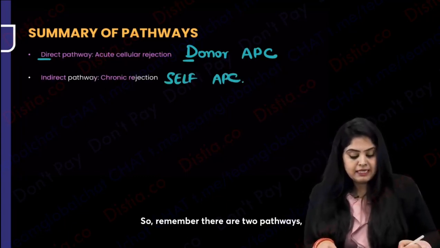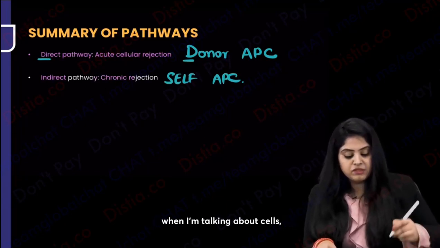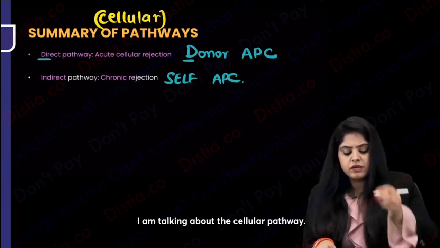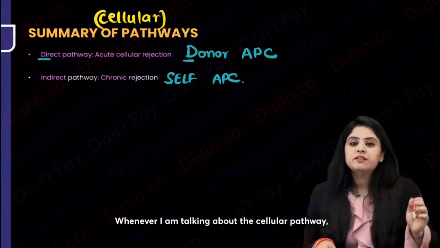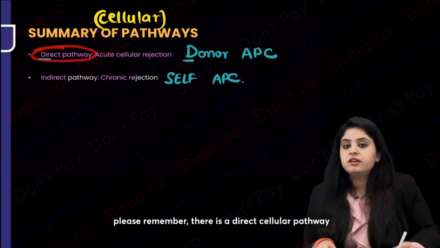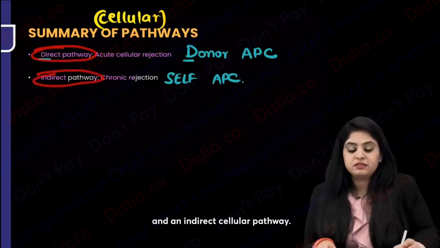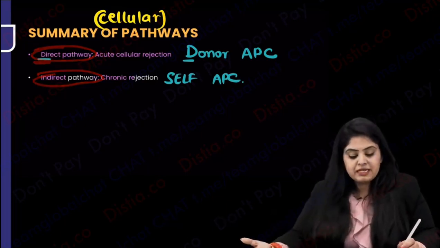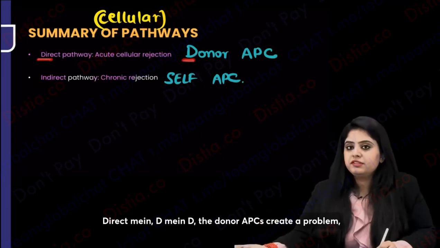So remember, there are two pathways. When I'm talking about cells, I'm not talking about the antibody wala pathway. I'm talking about the cellular pathway. Whenever I'm talking about the cellular pathway, please remember there is a direct cellular pathway and an indirect cellular pathway. Direct mein who is going to create a problem? My APCs or donor APCs? Direct mein D, the donor APCs create a problem.